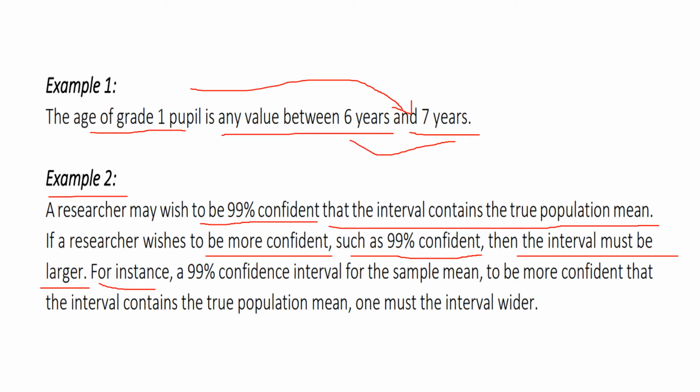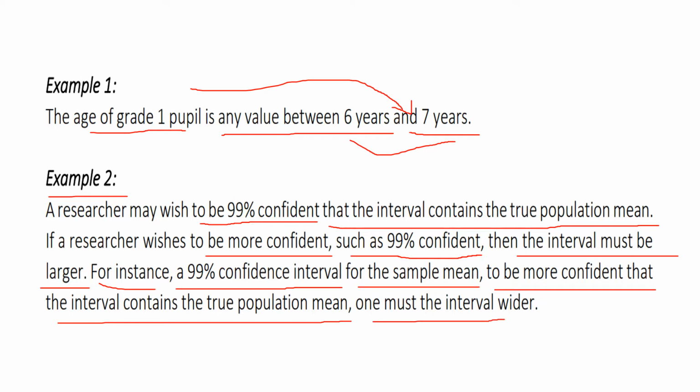For instance, a 99% confidence interval for the sample mean. To be more confident that the true population mean will fall within the interval, your interval should be wider or larger.